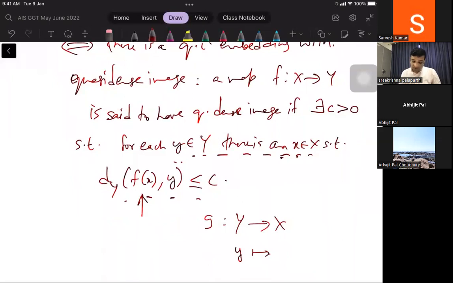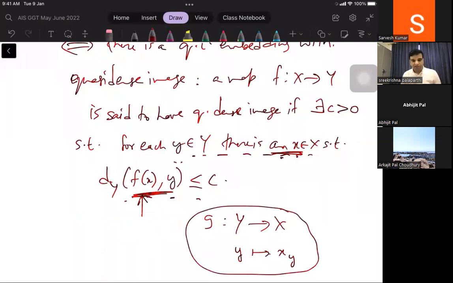If we call that point x_y, then you can show that this is a quasi-inverse to this quasi-isometric embedding. And so that is the proof.